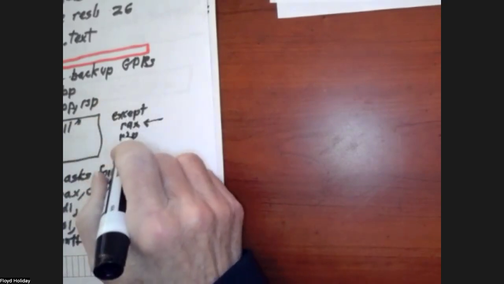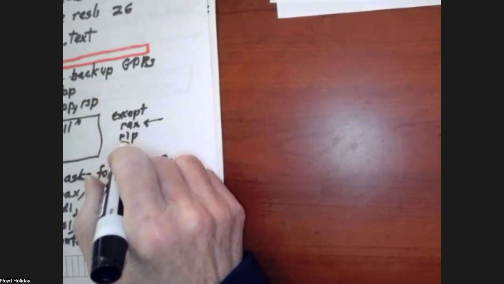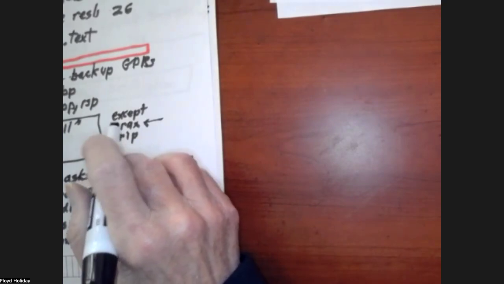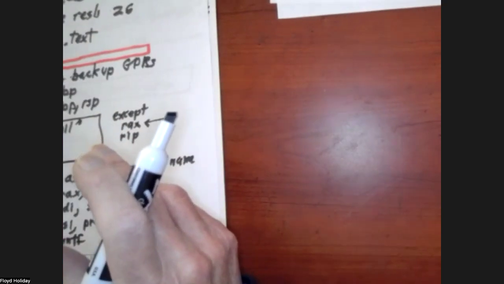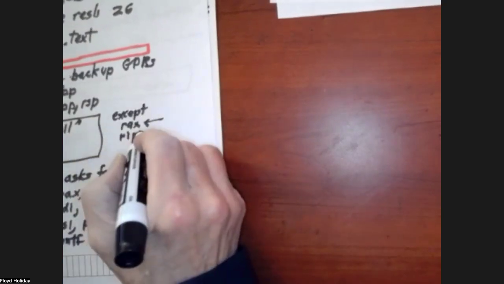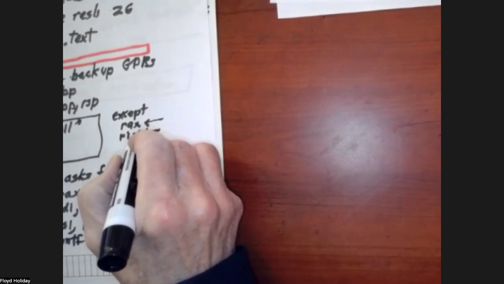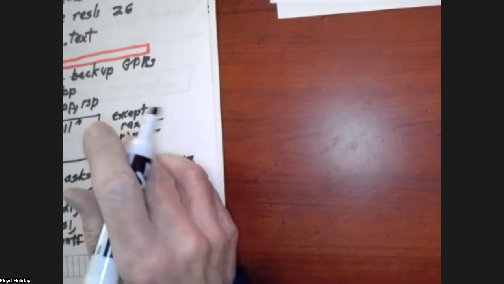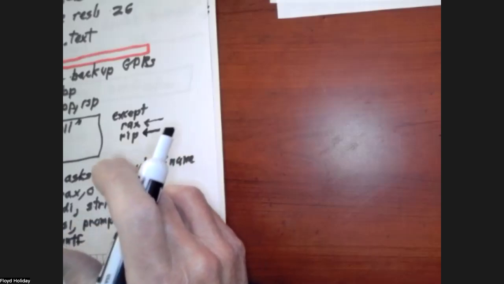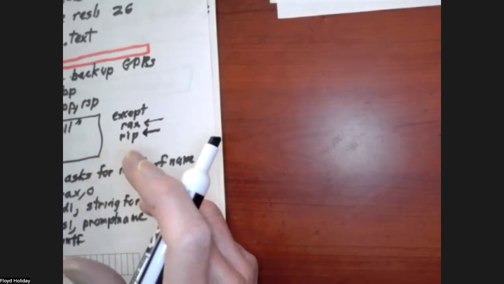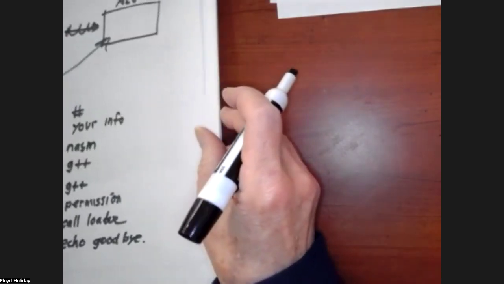Okay. RIP is running the program. We don't want to back it up; that's too sensitive information. You don't want to change that one. Let the system run, each cycle executing one instruction.